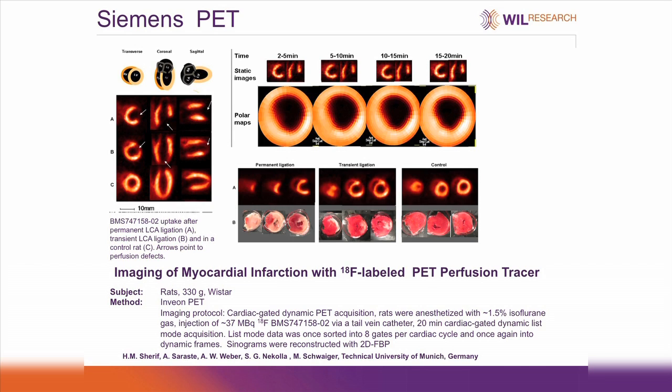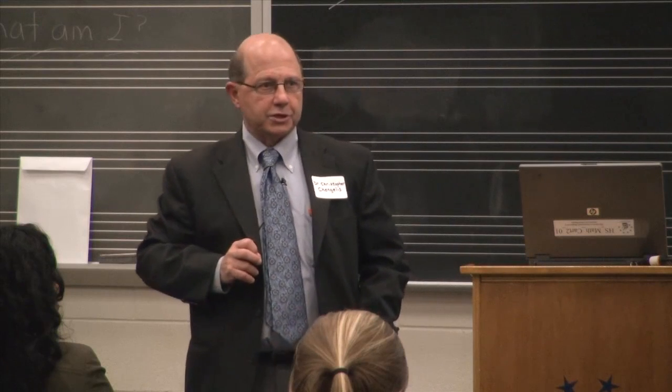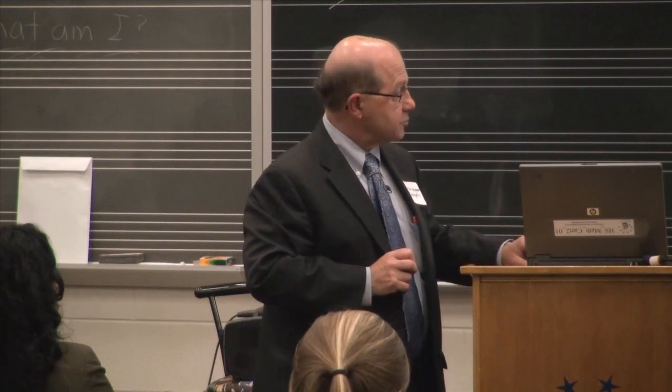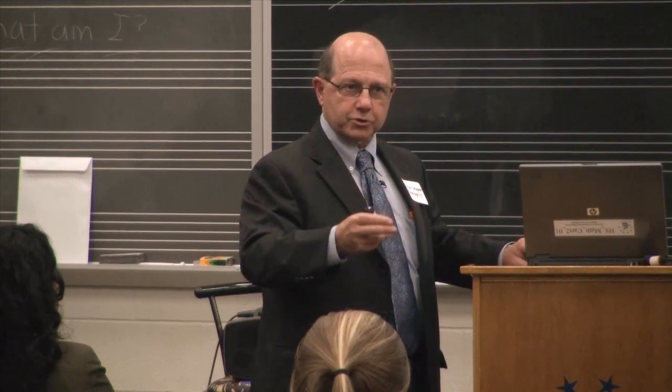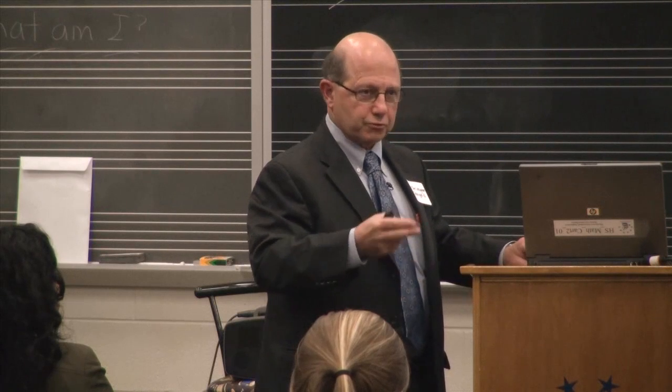These are different aspects of the heart, sagittal, coronal, etc. So you can see the time progression, and you can do this in a single animal now. These are very powerful technologies that are now coming to us in the preclinical space and could provide opportunities for future research.